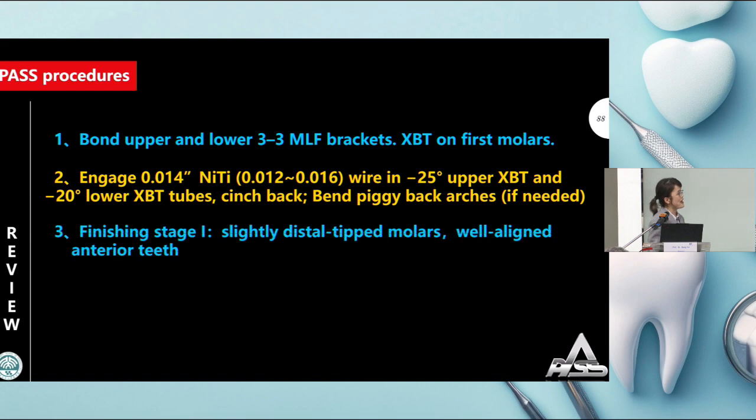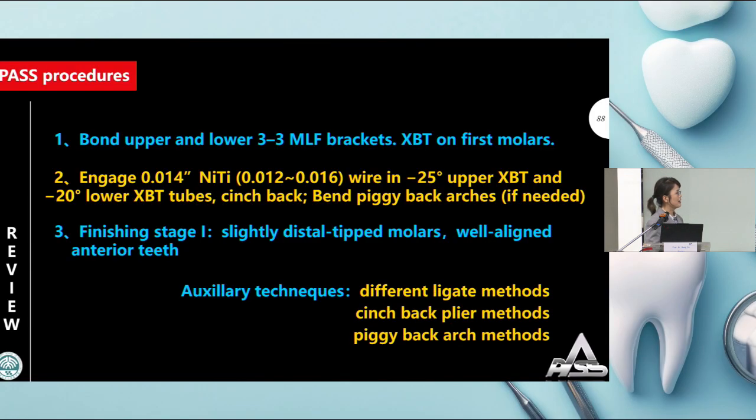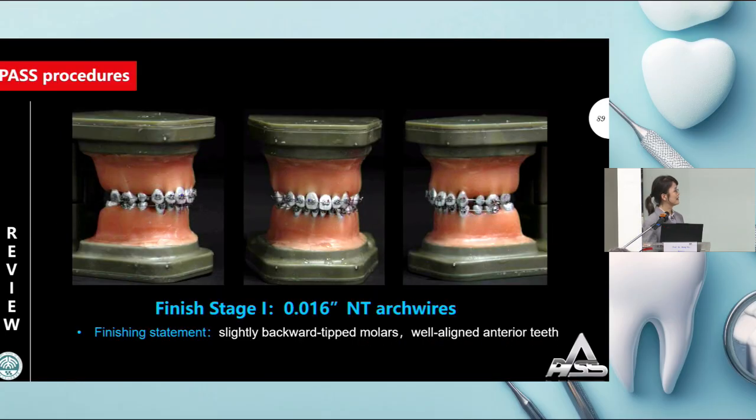We can bend the piggyback arches if we need. When we finish stage 1, we can see slightly distal tipped molars and well-aligned anterior teeth. In this stage, we can use auxiliary techniques: different ligating methods, cinch back plier methods, and piggyback arch methods.